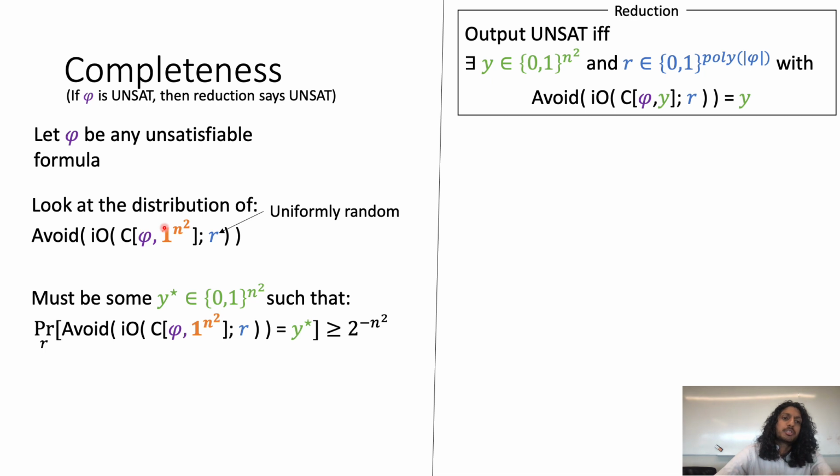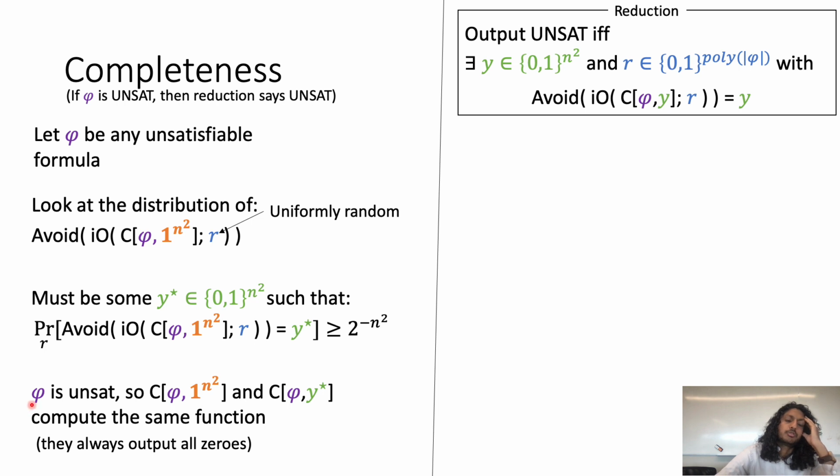Because it's outputting strings of length n squared, there must be at least one string that is output with probability at least 2 to the minus n squared. So there's some y star such that when you run Avoid on this circuit, it outputs y star with probability at least 2 to the minus n squared. This is just by some averaging argument.